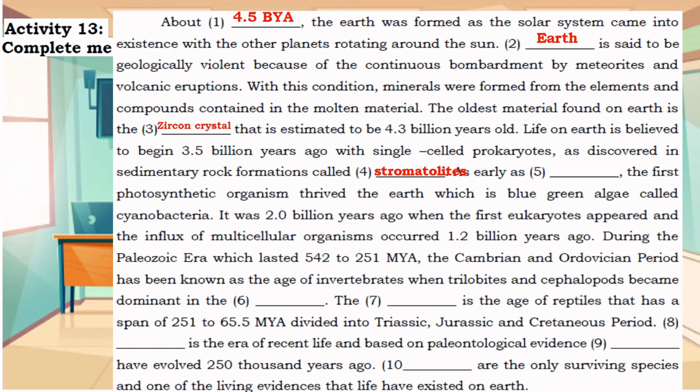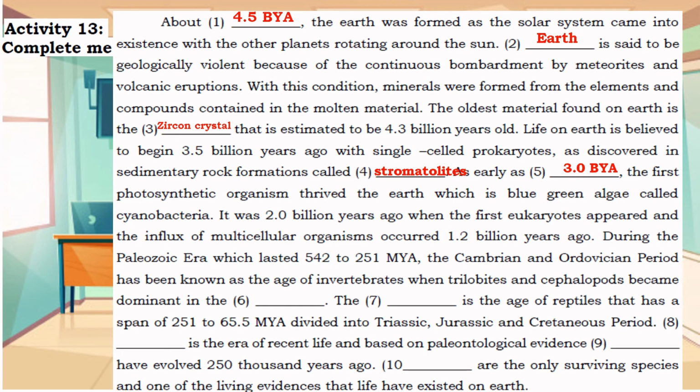As early as 3.0 billion years ago, the first photosynthetic organism thrived on Earth, which is blue-green algae called cyanobacteria. It was 2 billion years ago when the first eukaryotes appeared and the influx of multicellular organisms occurred 1.2 billion years ago.